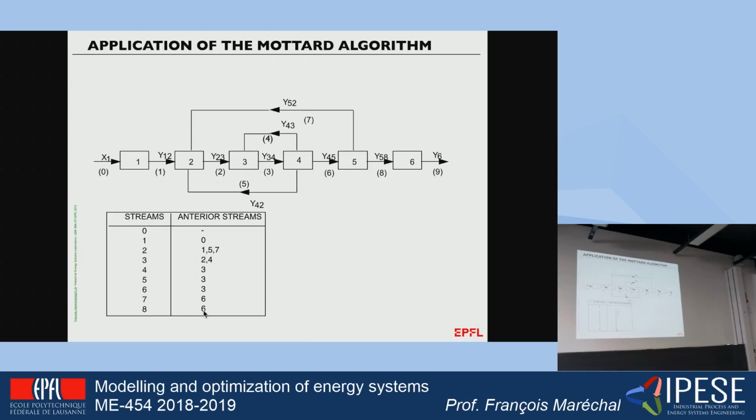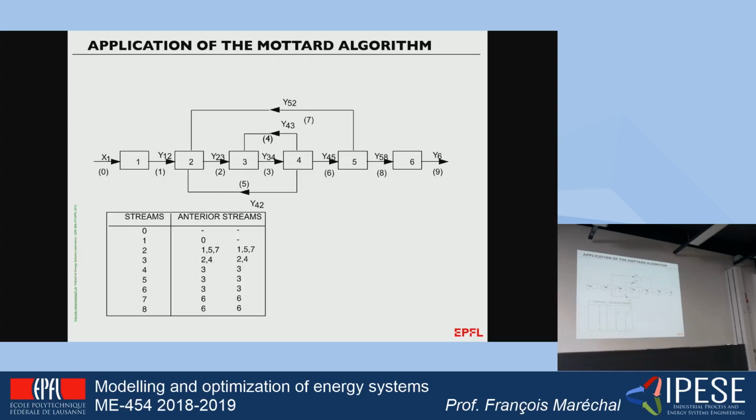Now when I'm going to apply the Mottard algorithm, it means that I will identify, for example, that 0 is known. So it means that now each time I see 0, I can suppress it. Okay? And what I will see is that this one has disappeared, so it means that each time I see 1, I can also suppress it because it is known. So, in fact, I'm starting by solving the unit 1, and now the system knows 1, and 0 is already calculated.